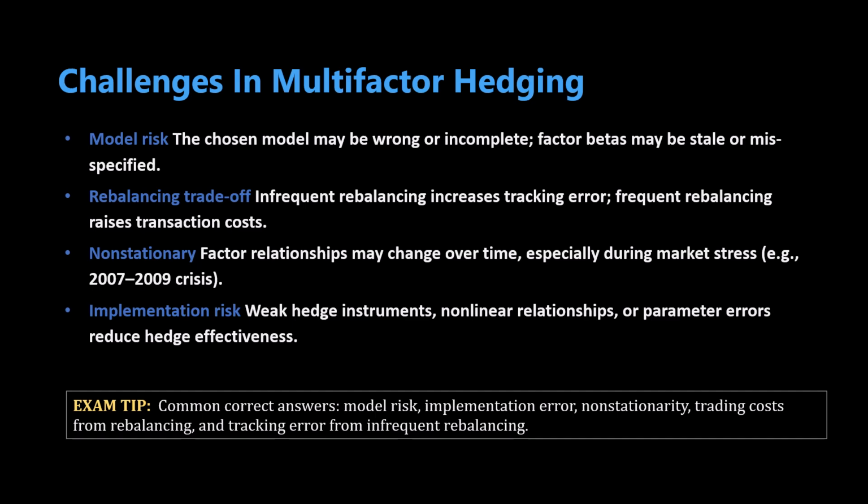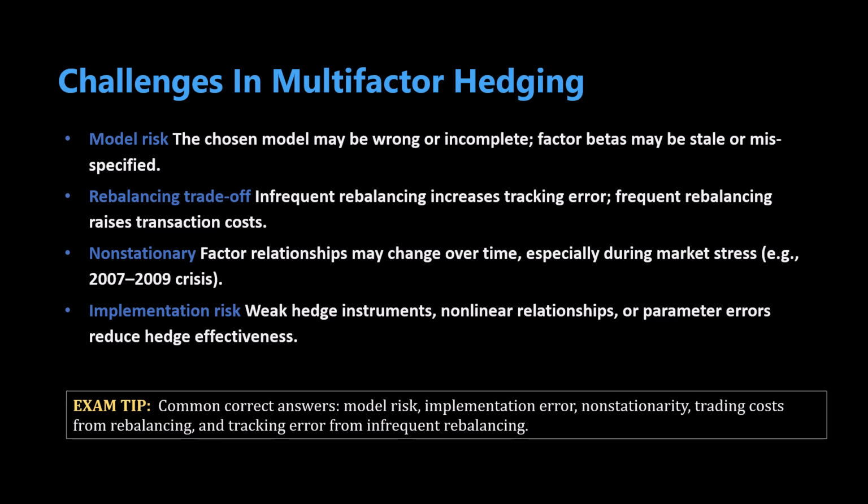Multi-factor hedging is useful, but it is not perfect. There are several practical challenges associated with this type of hedging. The first is model risk. The chosen model may be incomplete or incorrect due to whatever reasons. If the relevant factors are omitted or if beta estimates are poor, the hedge will not work as intended.